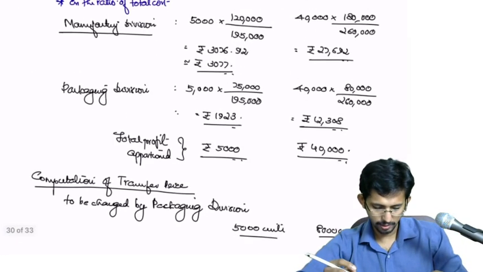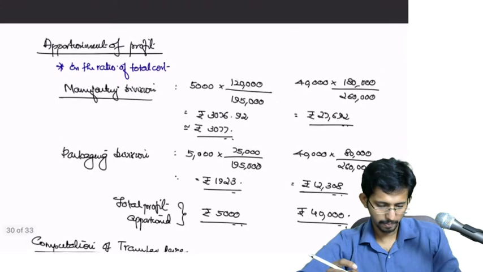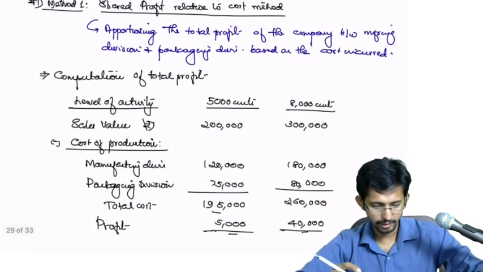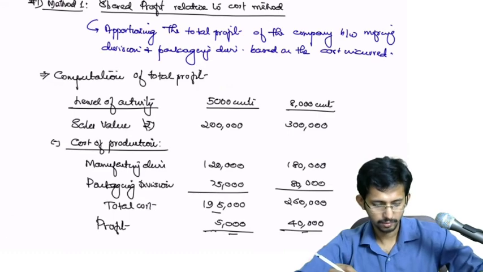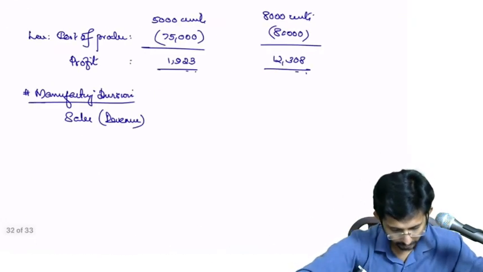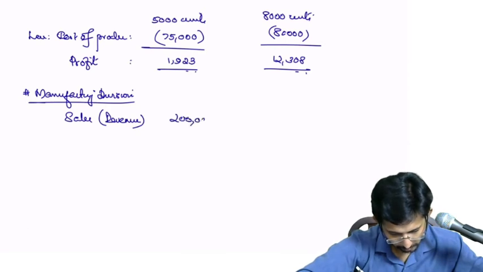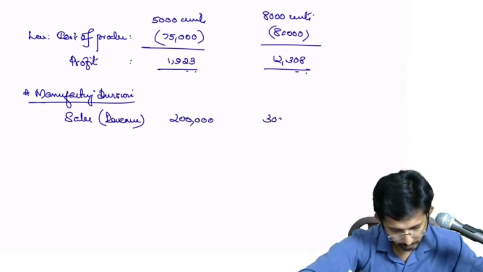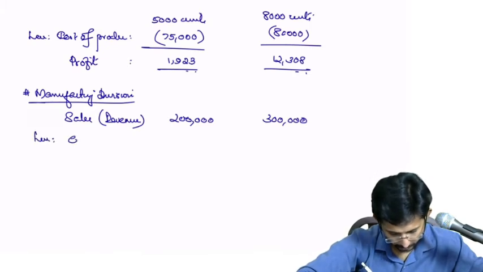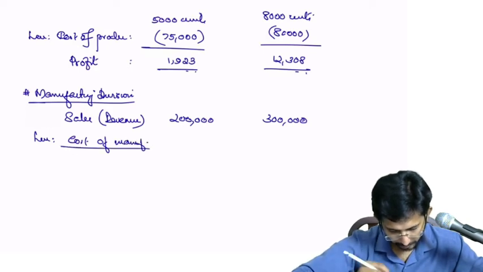What is the total sales revenue? 2 lakh and 3 lakh. Less cost of manufacturing.